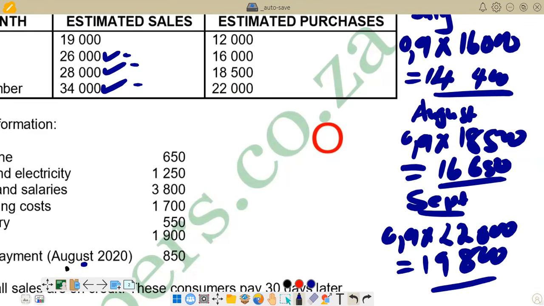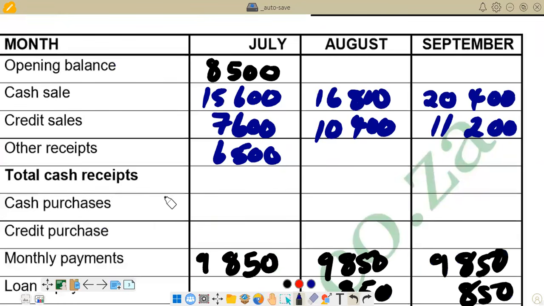So on the column for cash purchases, we are going to just put these figures: 14,400, 16,650, then we've got 19,800. Then we go there on our other section and put those figures for cash purchases. Cash purchases here.